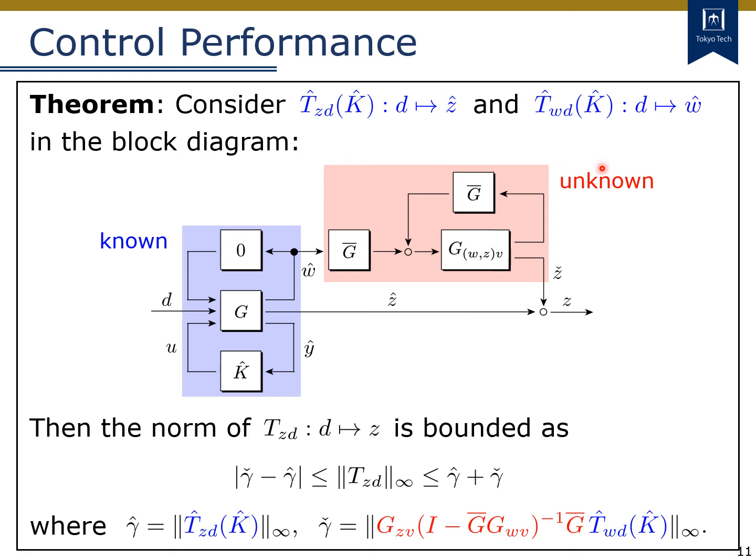Then, the H infinity norm of the entire map from D to Z is bounded like this inequality, where gamma hat and gamma check are defined like this. This bound basically means that if we design a suitable controller K hat for the blue upstream system, then the resultant control performance is improved in the sense of at least the upper bound in this equation.